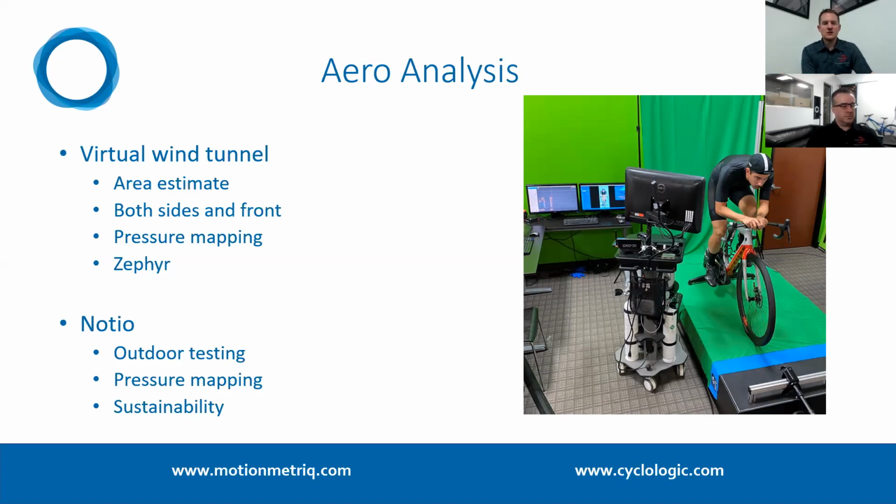We often use a Zephyr system, which helps us to identify breathing patterns, and especially in aggressive TT positions, we want to make sure that we aren't restricting their breathing rates or their breathing patterns by getting them so aggressive.